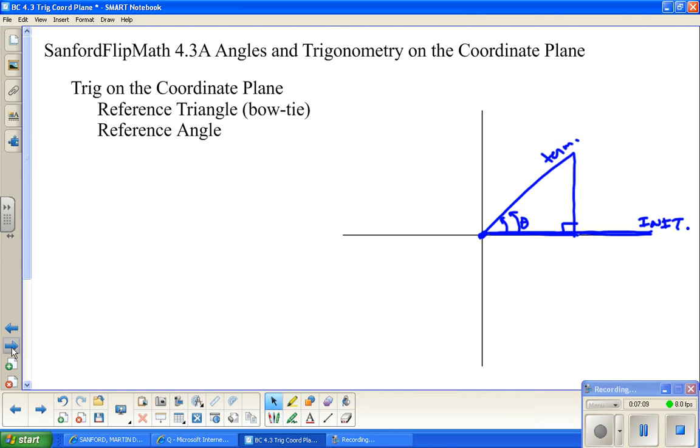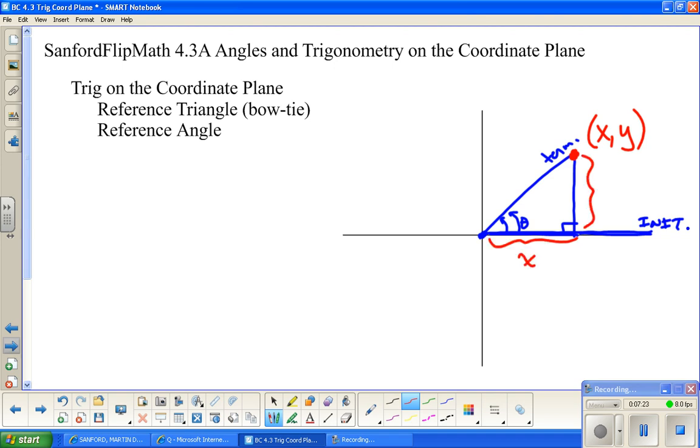The cool thing about this is if I'm on a graph, then this point has a little address, a little location. x is a measure of how far to the right we are. y is a measure of how far up we are. And because the horizontal distance and the vertical distance are always perpendicular to each other, that's automatically a right triangle.